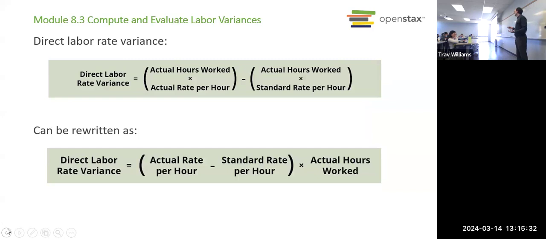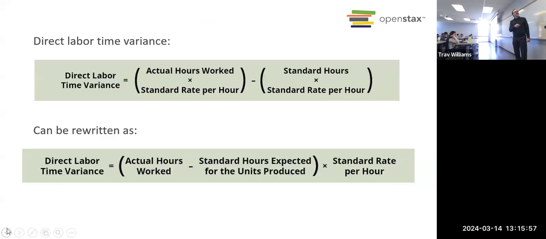With labor, it's the same idea, right? It's just instead of a price, it's a rate. And instead of quantity, it's hours. So hours of labor times the actual rate, minus the actual hours times the standard rate. So it's basically the same as our price variance for materials. It's our rate variance for labor. And then we also have a quantity variance.